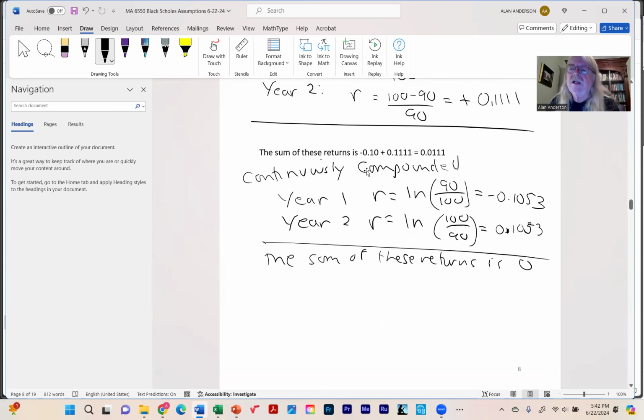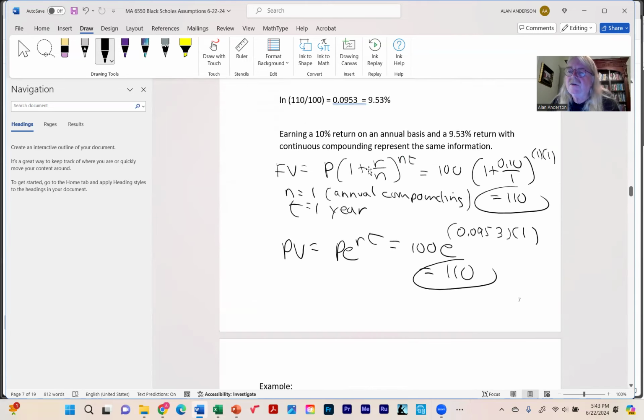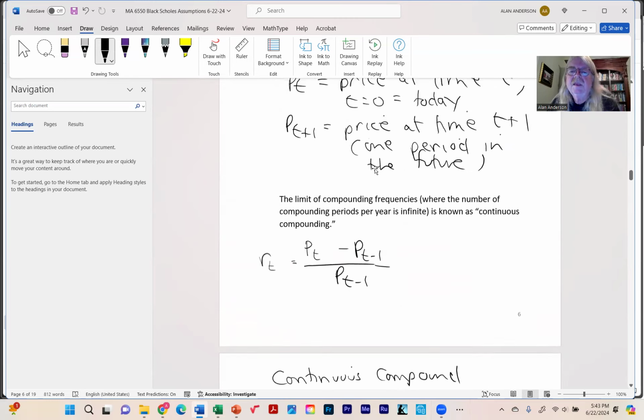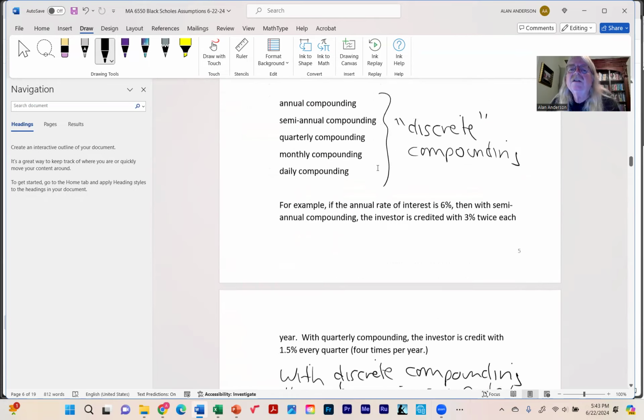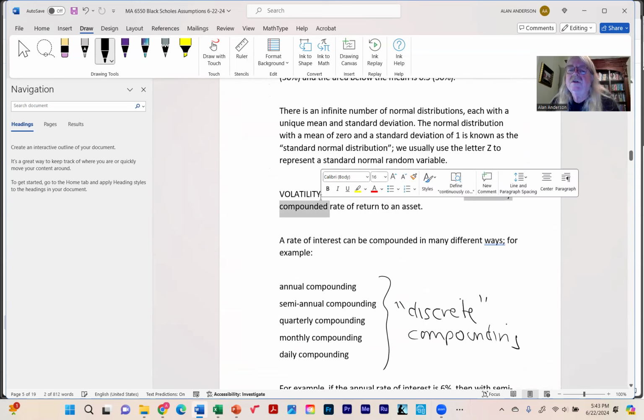That's one of the reasons why for the modeling we'll be doing, it's easier to deal with continuously compounded rates, even though in practice you don't see that very often. No bank out there is going to offer you a continuously compounded rate of return. But you can convert any convention into any other one. Okay. So that's that. The reason why this is all relevant now is because the volatility is based on the standard deviation of the continuously compounded rate of return.